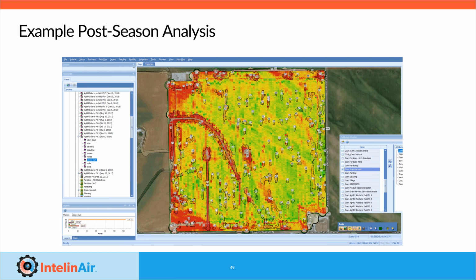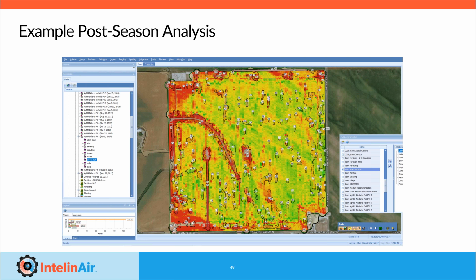This is an example of Ag Studio. You can see a yield map here. You can see the polygons on top are different types of alerts. 15 is an anomaly, 25 is a change. And you're basically able to use this data to correlate against yield and other things.